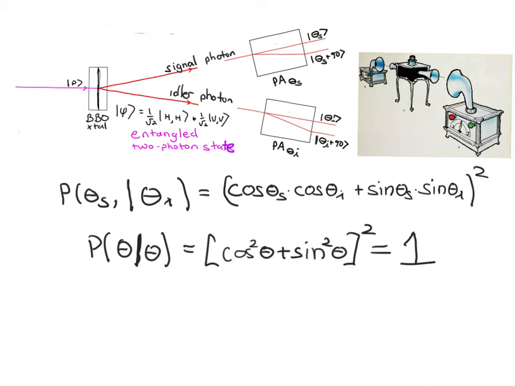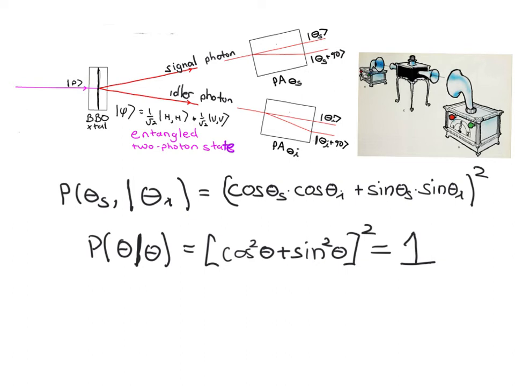And that's just another way of saying that if these switches are in the same position, the lights flash the same color. Or maybe a slightly more precise way of saying it is that if they're in the same position, if this one flashes green, the other one flashes green. And then, of course, it's not very hard to show that, given that the idler photon comes out this port, there's a 100% probability that the signal photon will come out this port.